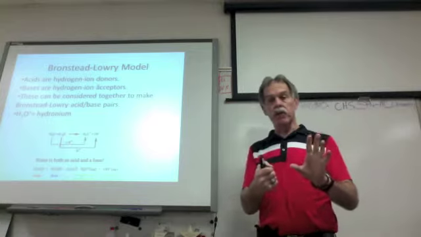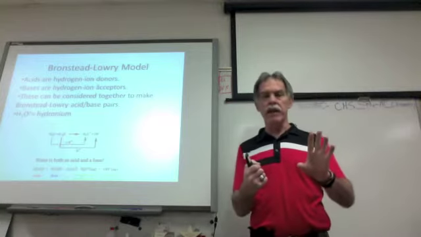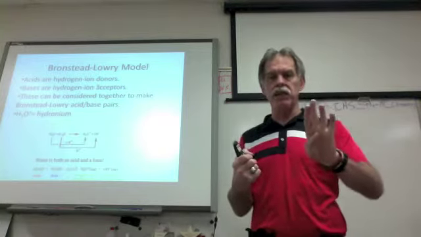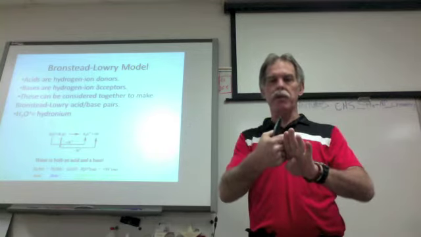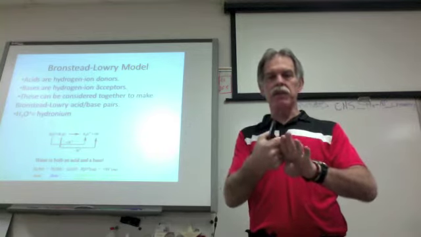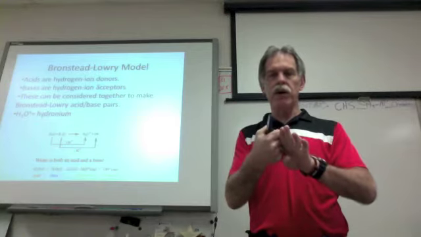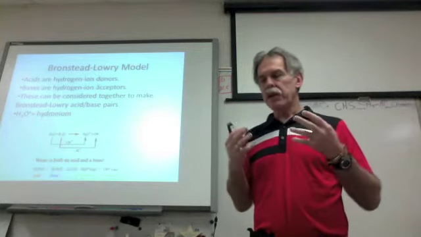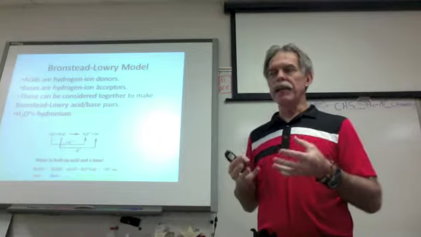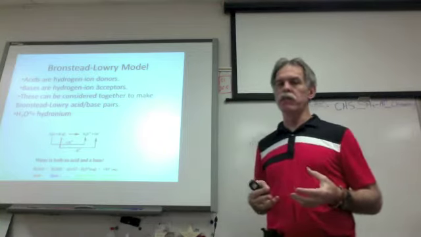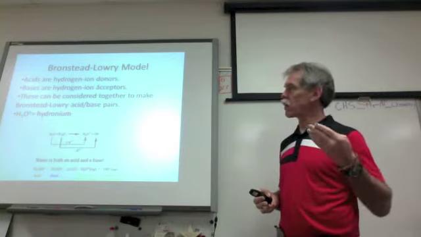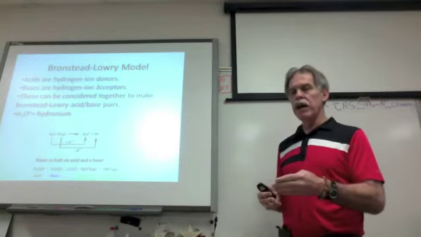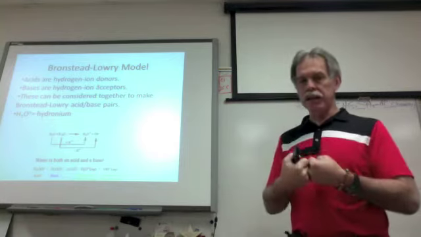And they thought, well, this works real well because all of Arrhenius's bases had OH, and OH is a hydrogen ion acceptor. And when it accepts hydrogen, it becomes water, HOH. So they did not really change the acid part of his model. They just reworded it. Their idea of acids are the hydrogen ion donors, and bases are hydrogen ion acceptors.